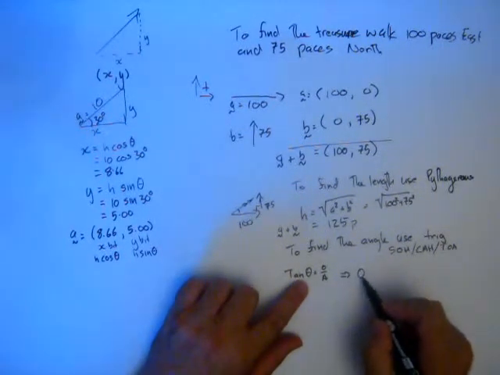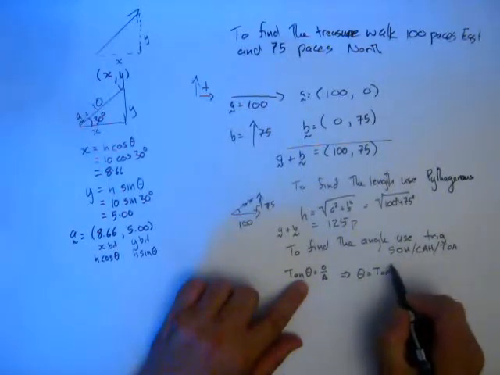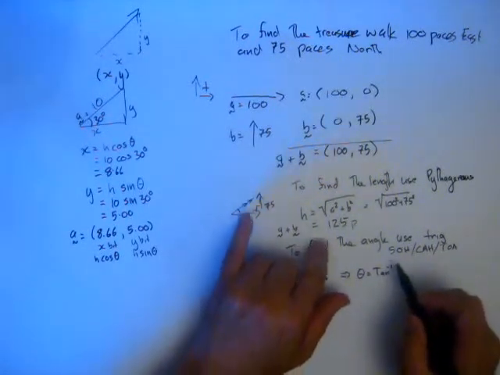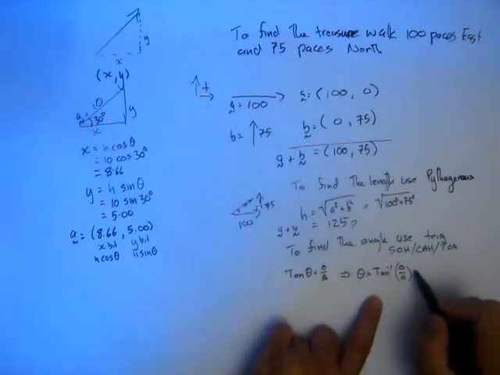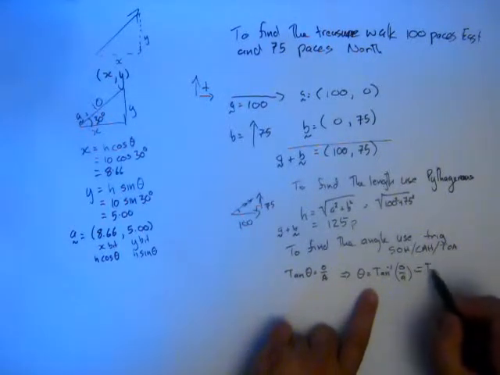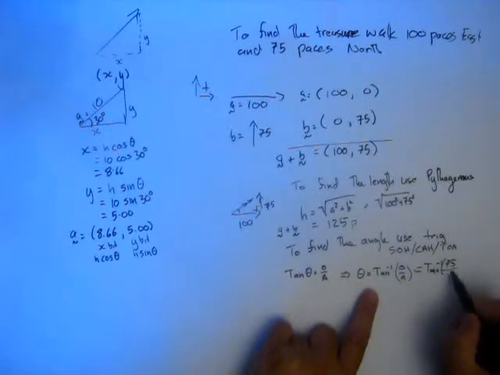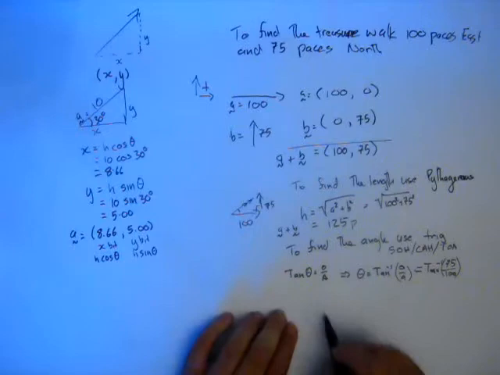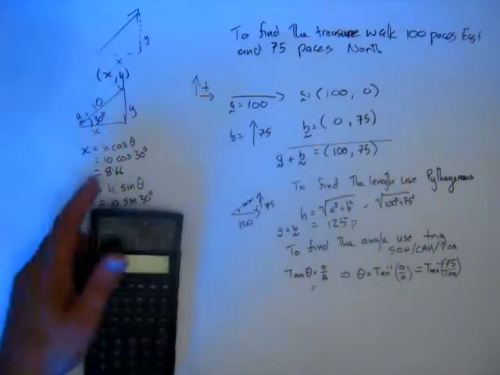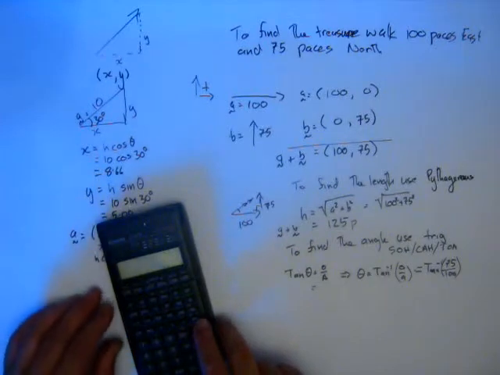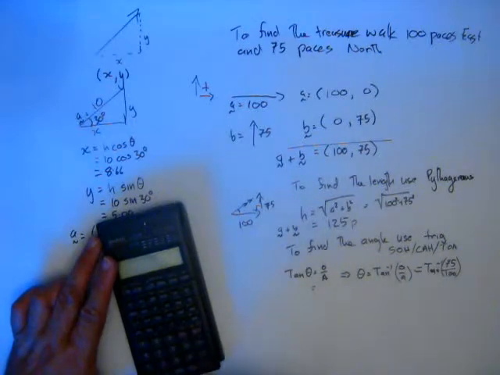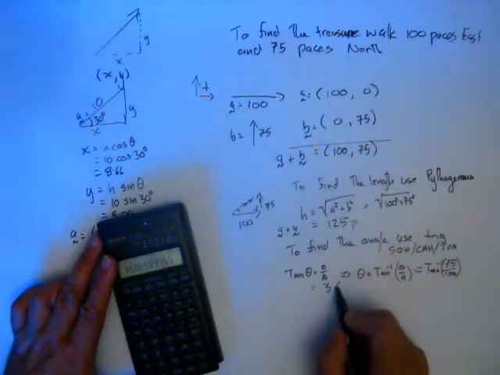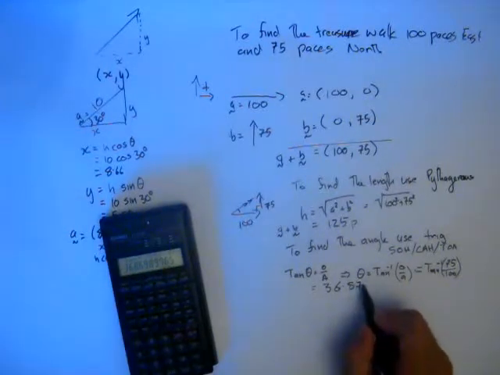Theta equals tan inverse of opposite over adjacent, which is tan inverse of 75 over 100. This is what they invented these things for. Tan inverse of 75 divided by 100, don't forget the brackets, equals 36.87 degrees.